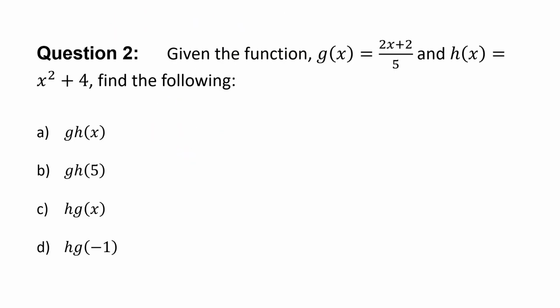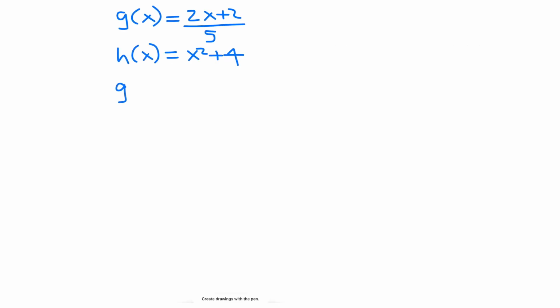So this time we've got two different functions here. We have g of x is equal to 2x plus 2 over 5, and h of x equals x squared plus 4. So for part A, we want to find g h of x. So as always, I'm going to do my first step, which is to just write this with the brackets around.